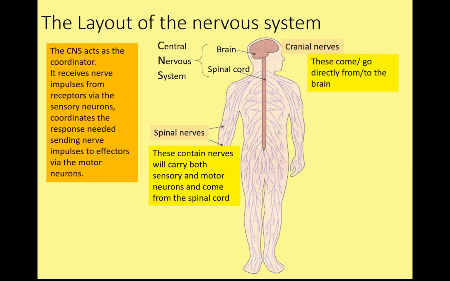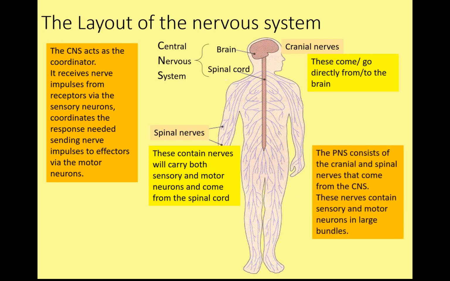Some of the nervous system also affects your endocrine system as well, which is quite interesting. So glands and muscles are effectors, and they are going to bring about some sort of change in the body.